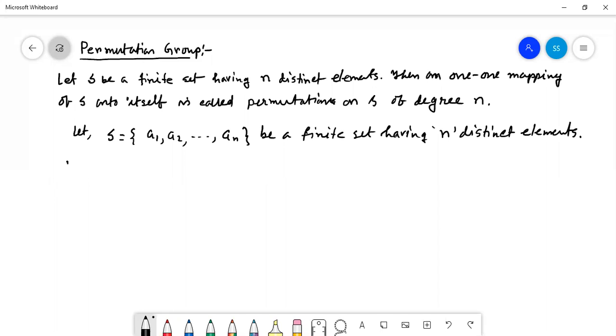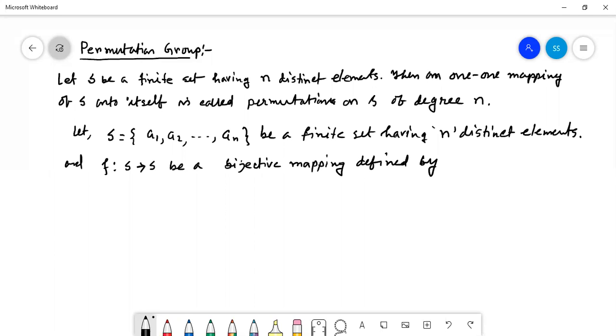And if f from S to S is a bijective mapping, bijective mapping means it is one-one and onto, that is injective plus surjective, defined by f of ai is equal to bi for i equal to 1, 2, dot dot dot n.